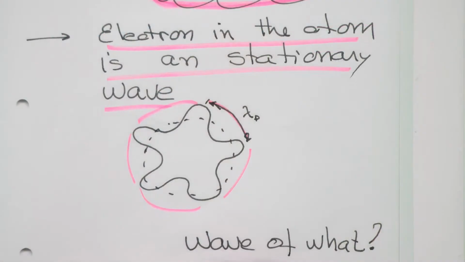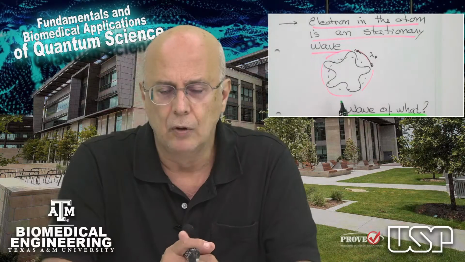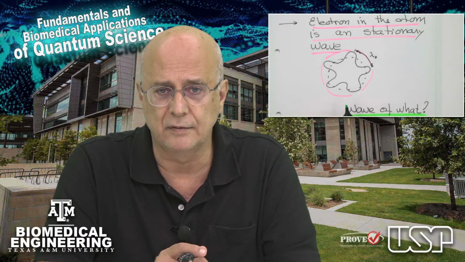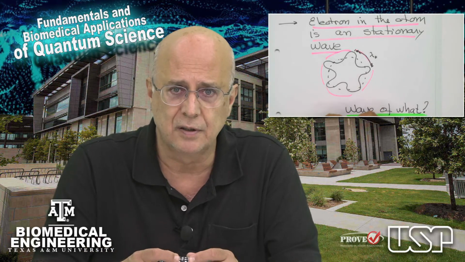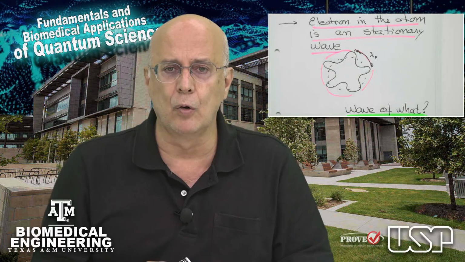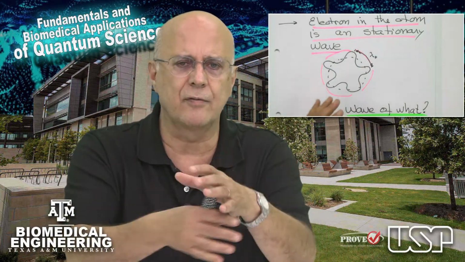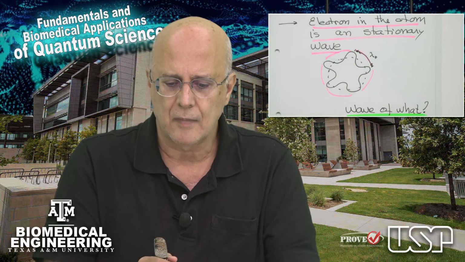We still needed to answer: wave of what? This is something we needed to answer. And I'm preparing you for the wave behavior, so that we can then ask, wave of what is that, right? So I'm somehow preparing you, making you accept the wave behavior for everything we're doing, and then we're going to discuss wave of what.